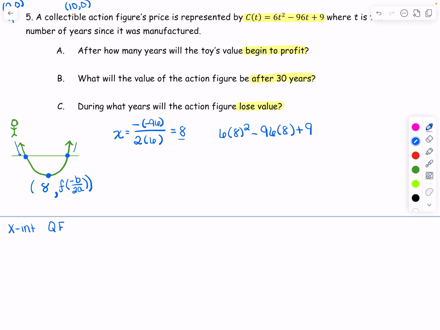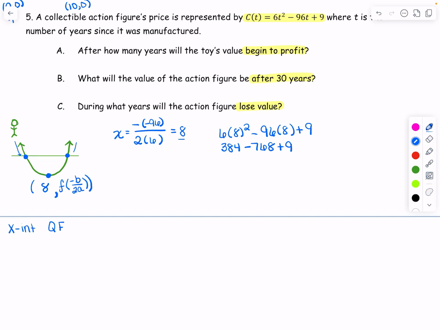I'm hoping that you've got your EOC calculator with you. At this point, I don't, so let me do this with the calculator that I have. So 8 squared times 6 is 384. Then negative 96 times 8 gives me negative 768, plus 9.